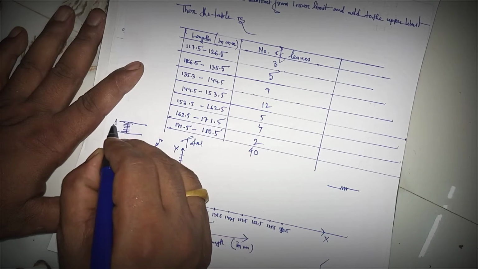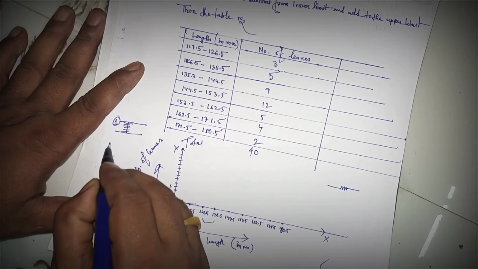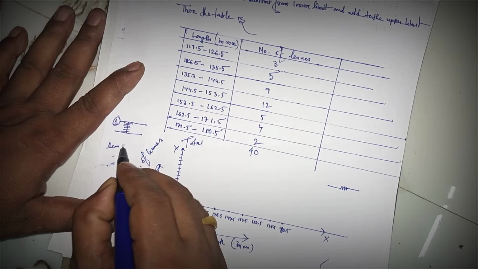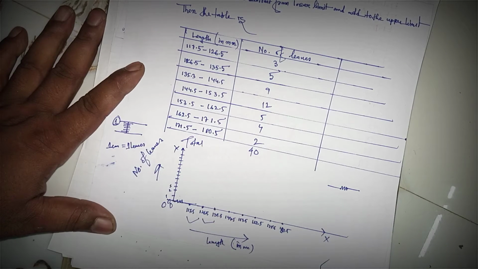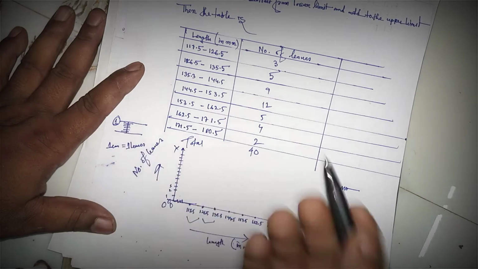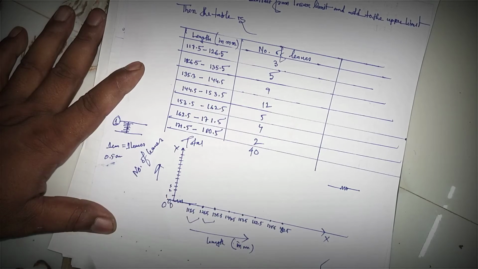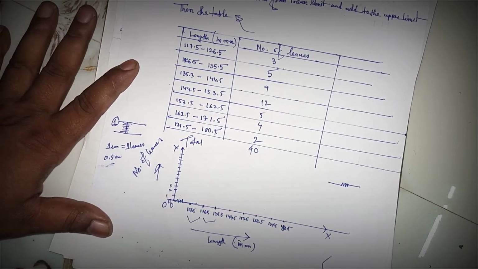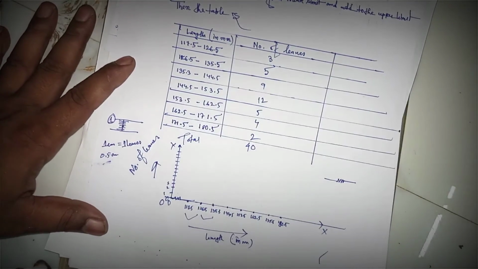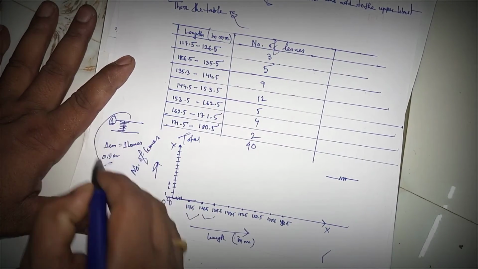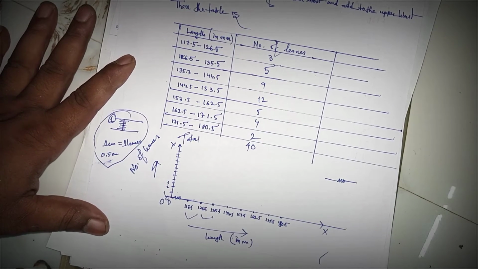If we take this value as 1, then the scale is 1 centimeter equal to 1 leaf. We can also make it 0.5 centimeter equal to 1 leaf, depending on how much length you take on the graph paper. In each and every video I have defined how to take the scales.